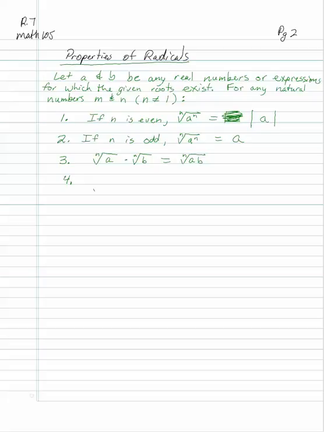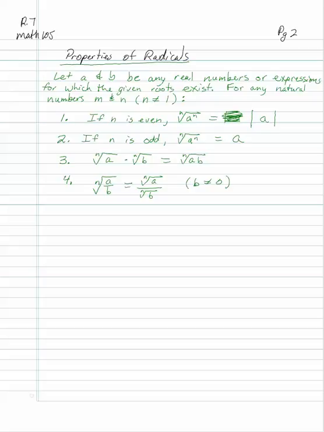And then dividing. So if we have a fraction inside an nth root, we can split out into the nth root of the top divided by the nth root of the bottom. And we can do this rule both directions. And of course b cannot equal 0.